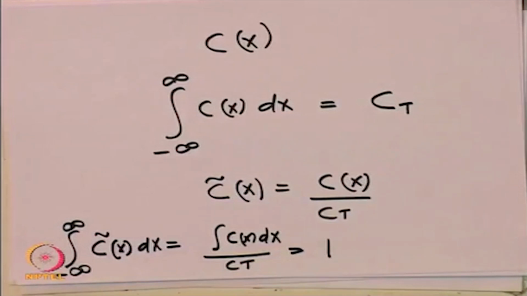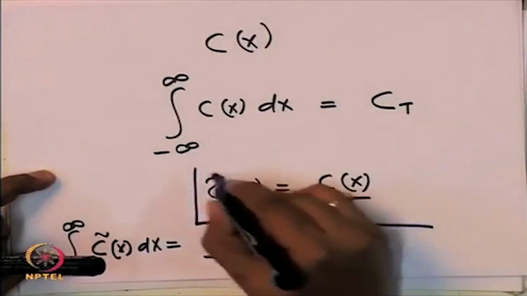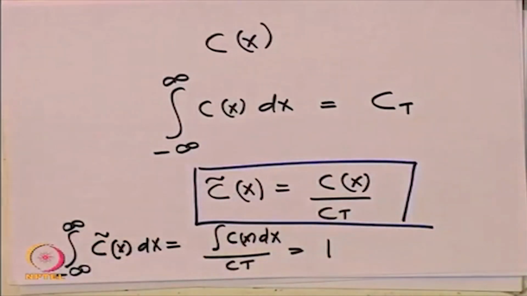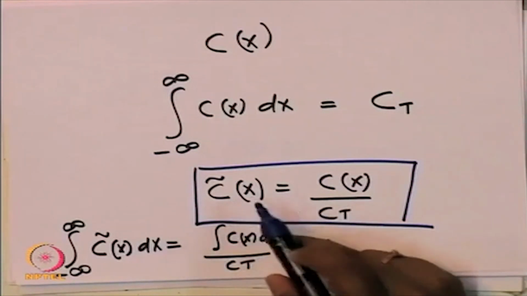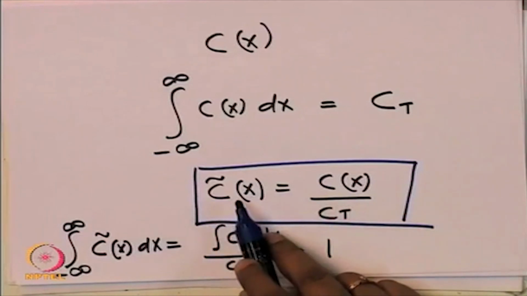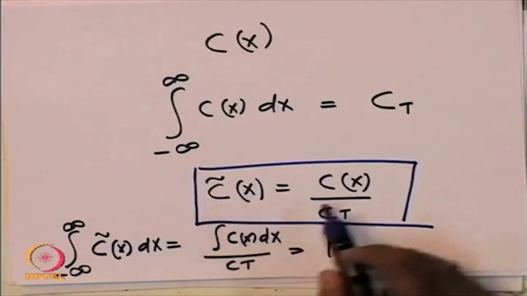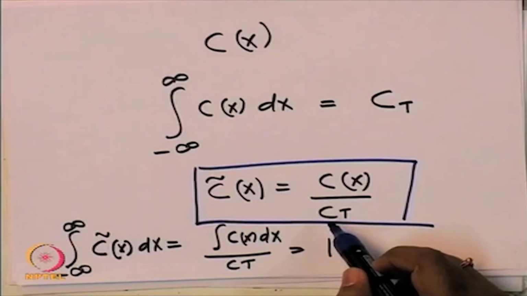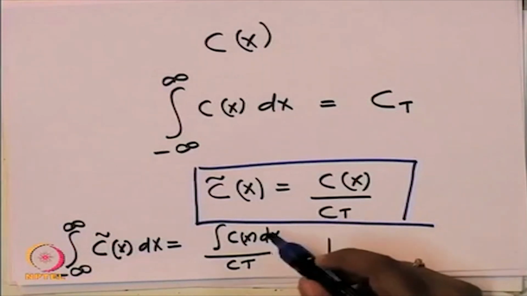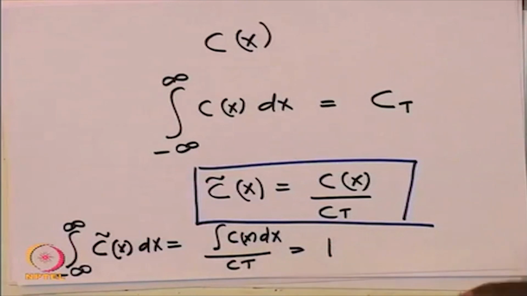So, we have this new function C tilde of x, which is C of x divided by some constant number, which is the total concentration. What is C tilde of x essentially? In some sense, it is like a fraction, concentration divided by the total concentration, but it does not matter what it means.